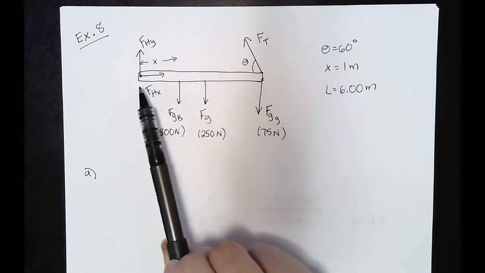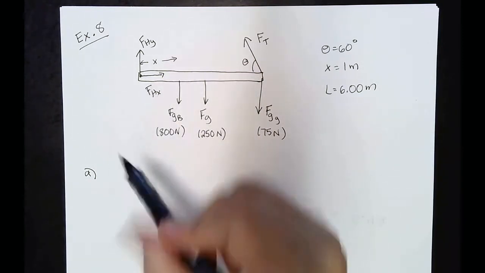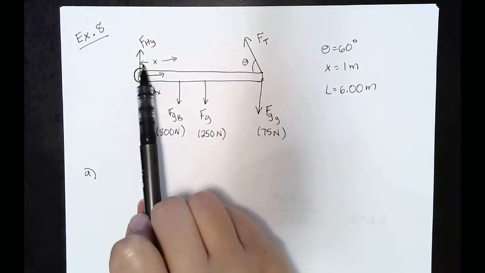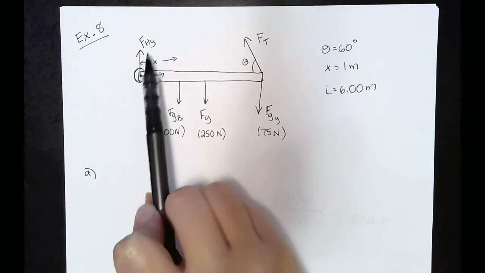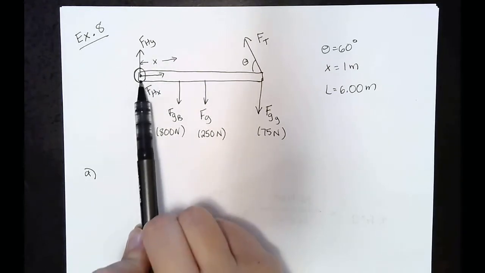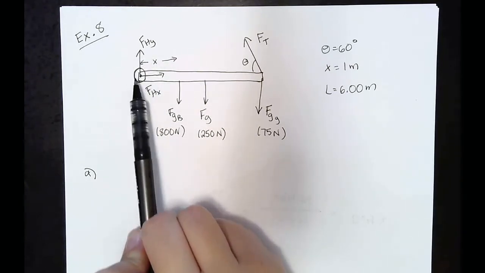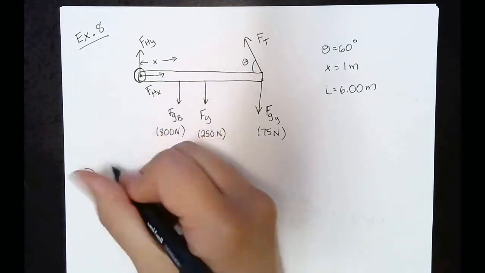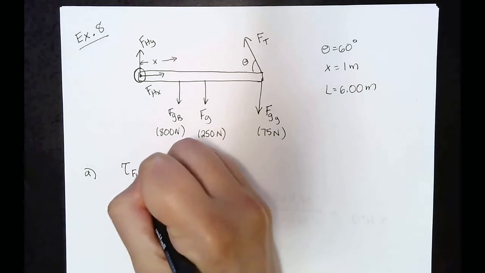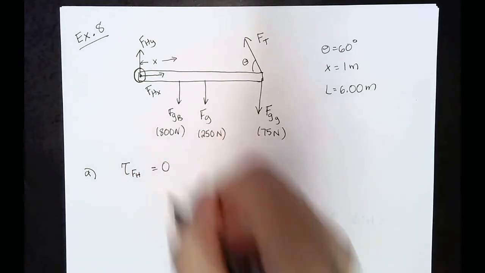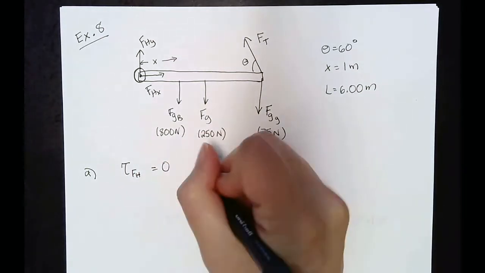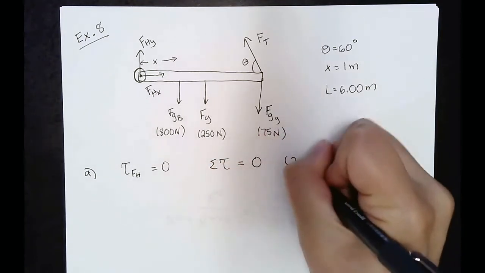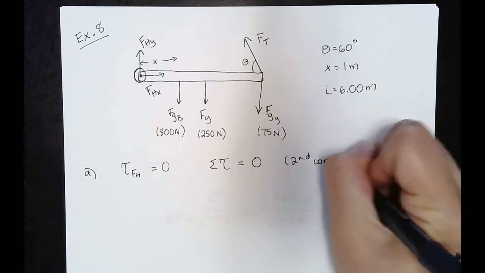Let's start with the second condition, which is torque, and use this hinge as our pivot point, which makes the torque due to the hinge force, the y and the x component, both equal to 0, and then we'll have only one unknown, which will be the tension in the string. So the net torque overall is equal to 0. Again, this is the second condition of equilibrium.